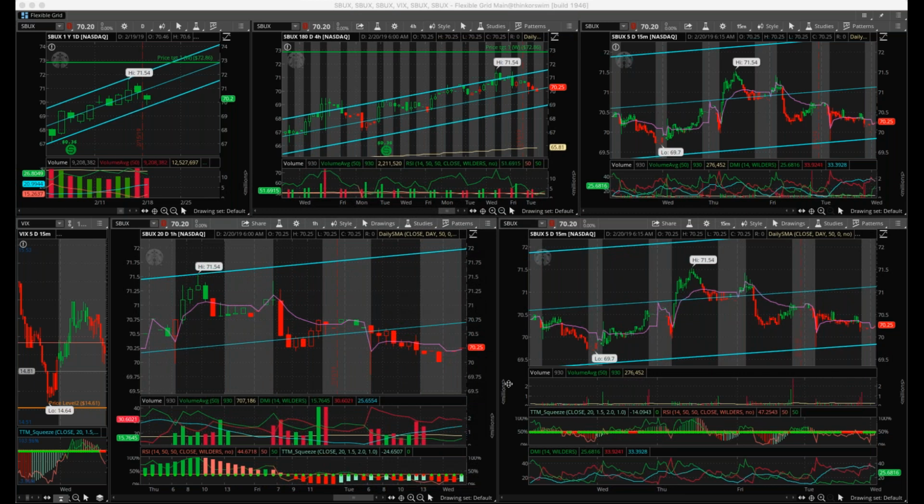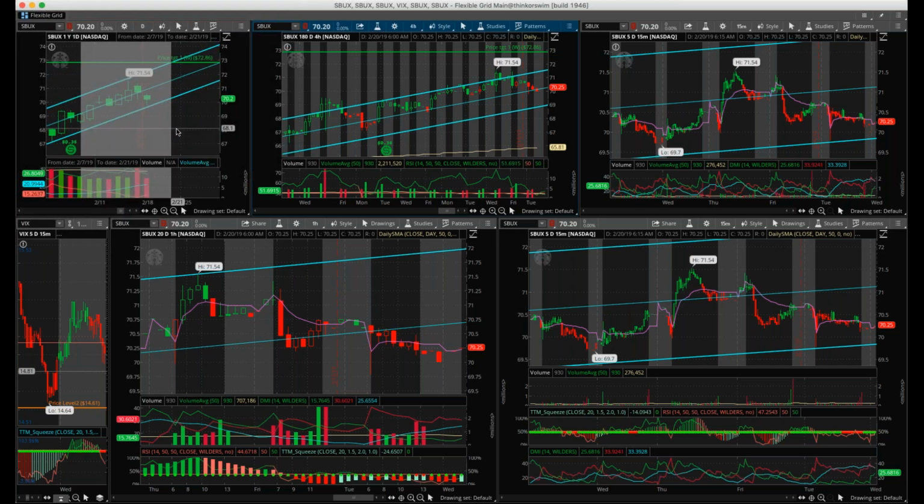Now, when you're day trading, you really want to focus on one stock if you want to be successful in the day trade. Why? Because you need to look at a lot of factors. What's going on in different time frames? Here in the top left-hand corner, I have the daily of SPX.